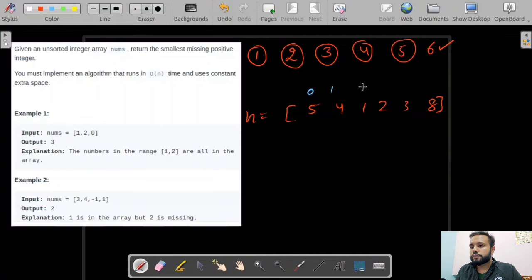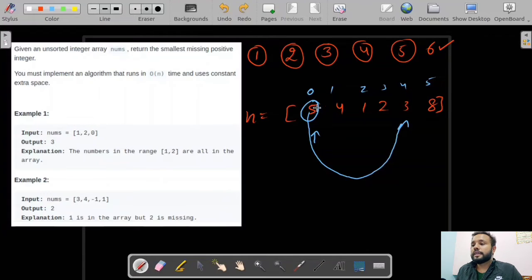0, 1, 2, 3, 4, 5. I will traverse from this index, and what I will do is place each number at its appropriate index where it belongs. I will pick an index like index 0, and simply place this number 5 at its exact appropriate position where it belongs.